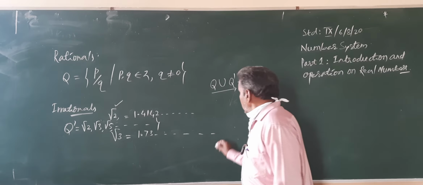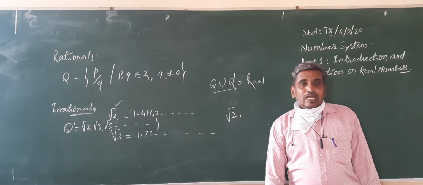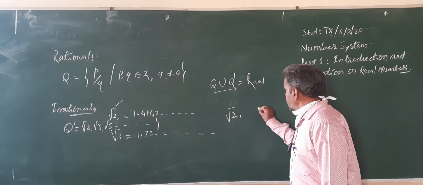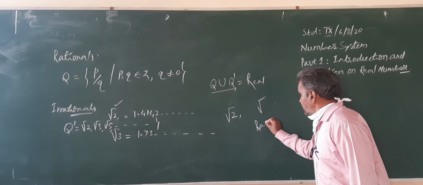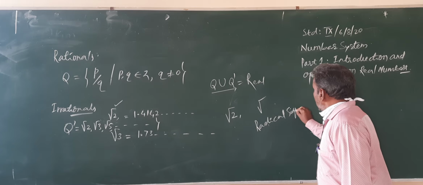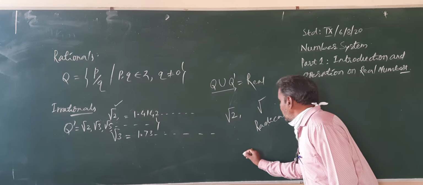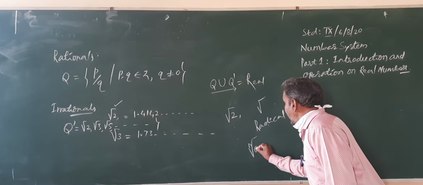So now root 2 is said to be irrational. So what is root? Root is said to be the radical sign. Sometimes I call it the radical sign; the general form is the nth root of a.